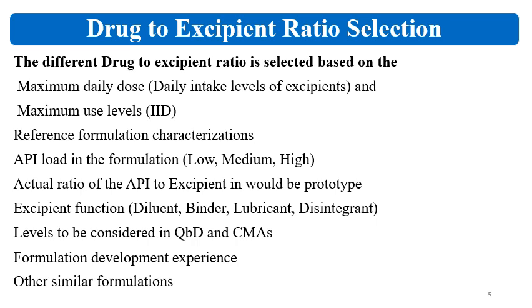Always the drug is considered as 1, and then 1 is to 2, 1 is to 3, 1 is to 10, 1 is to 15, 1 is to 20. The next ratio is for the excipient. Consider you are making a tablet of 100 mg, and in that you are going to use 10 mg of the API and 70 mg of the diluent.